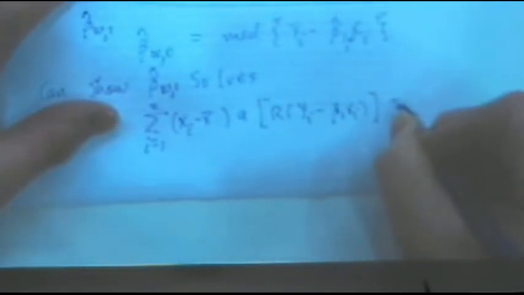You can show it looks a lot like least squares, except you have the A. It might be an interval, so you usually put a dot.